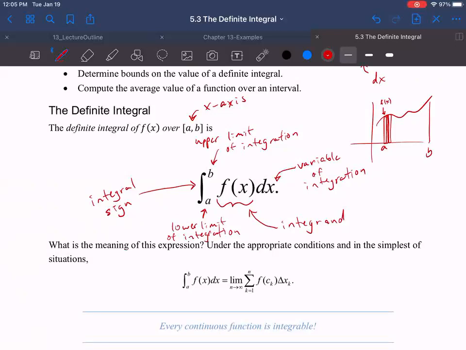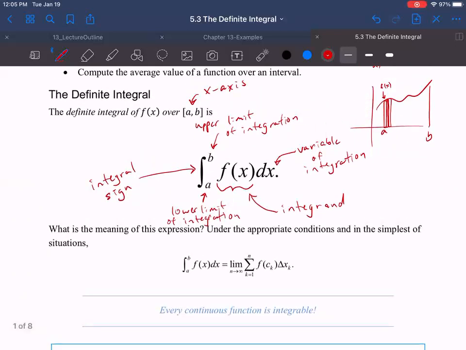But an area is what we're using, and we always relate it back to that, and then we just extend that out to other things, okay? So what is the meaning of this expression? Under the appropriate conditions, in the simplest situations, that's taking a limit of our sum.